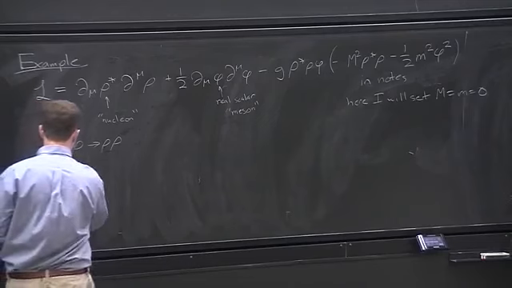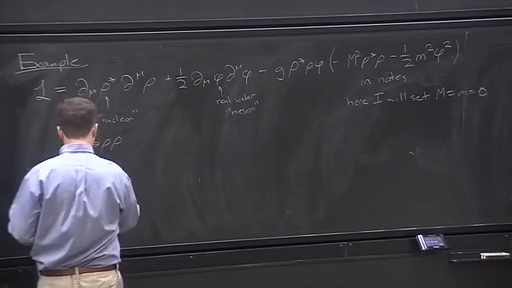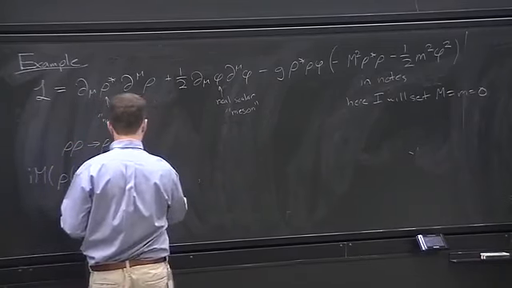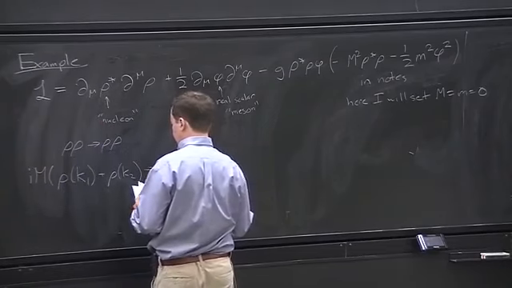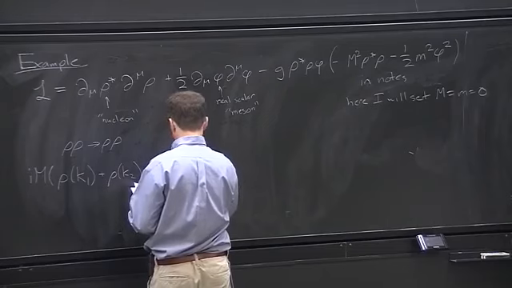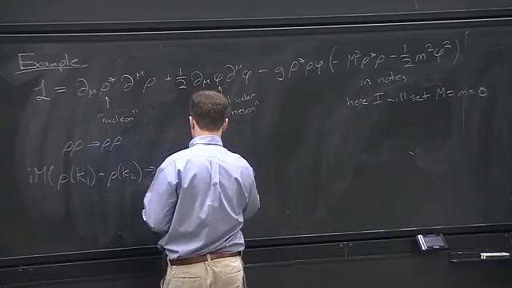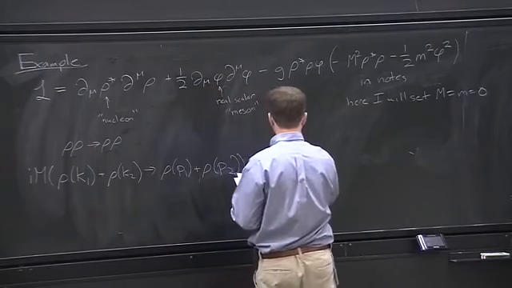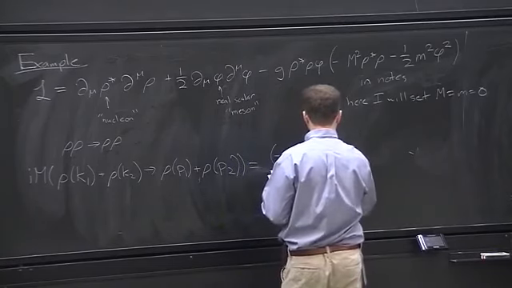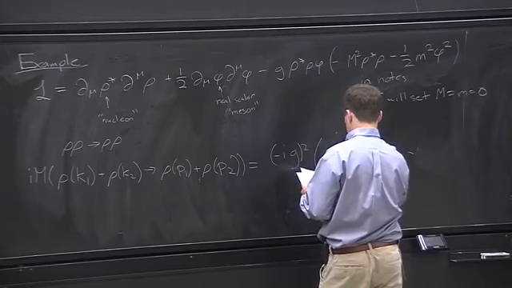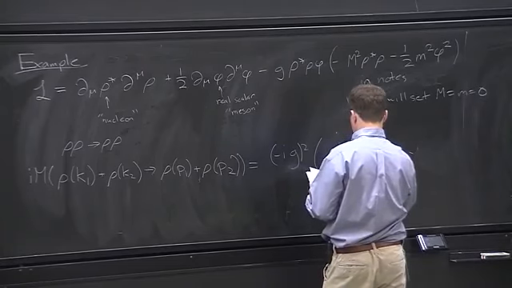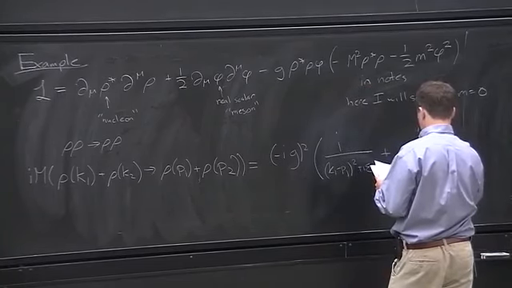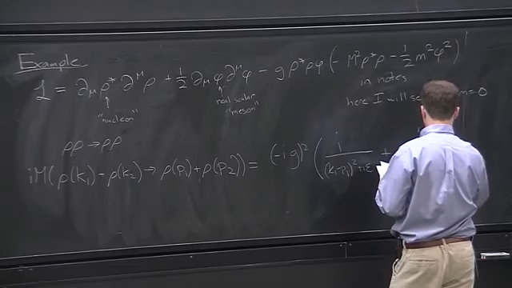The matrix element, which we'll learn how to compute next week for this process, if the initial nucleons have momenta k1 and k2, and the final nucleons have momenta p1 and p2, is just minus ig times i over (k1 minus p1) squared plus i epsilon plus i over (k1 minus p2) squared plus i epsilon.